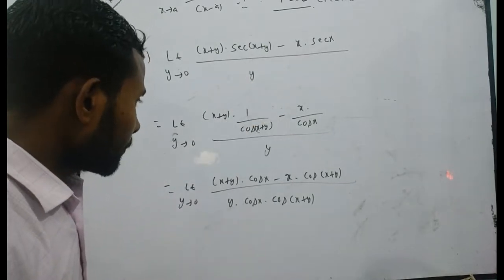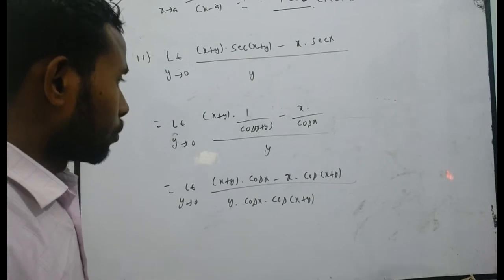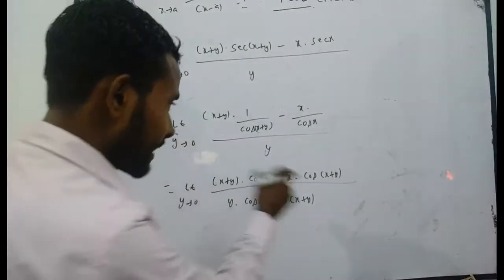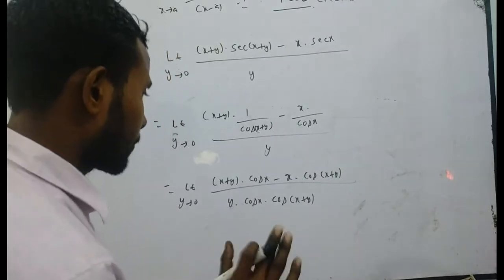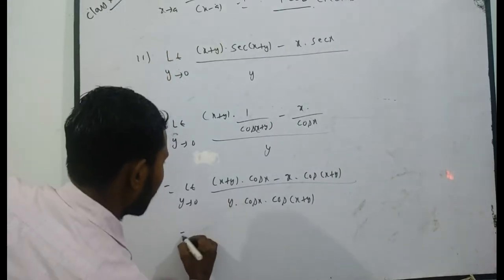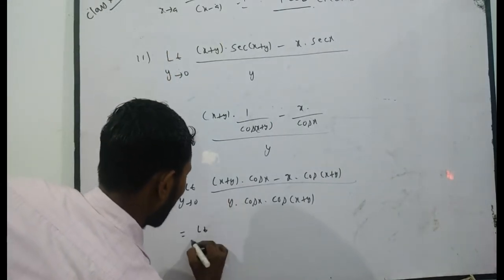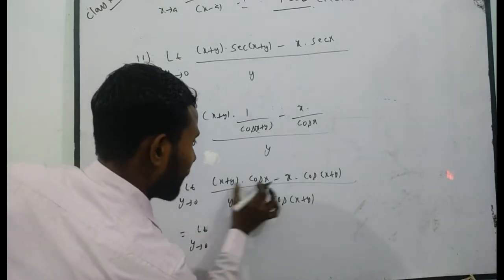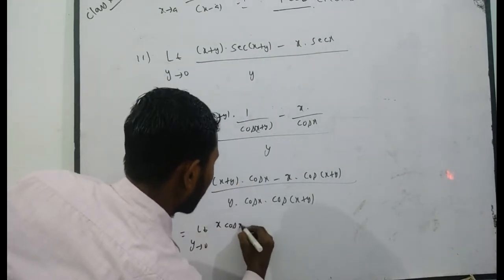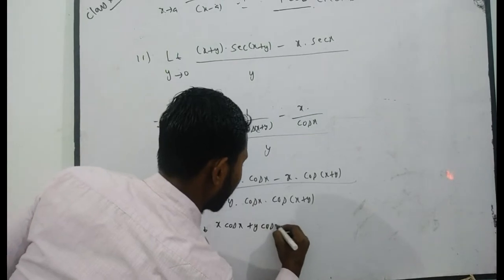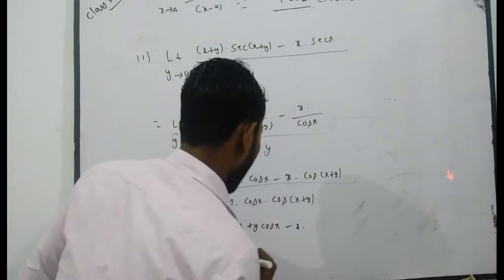Now, simply expand it. What do you get? Limit y tends to 0. If you multiply this factor, you get x times cos x plus y times cos x minus x times cos(x plus y).